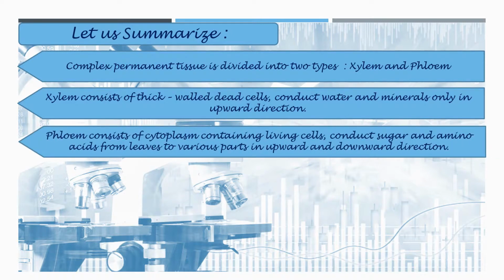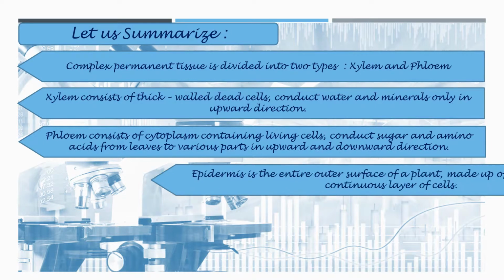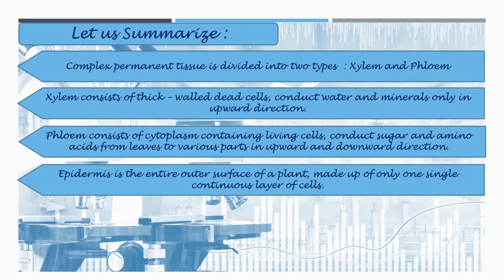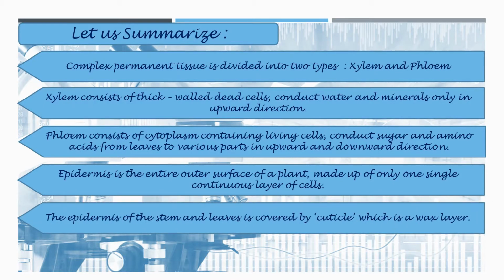And phloem consists of cytoplasm containing living cells and conducts sugar and amino acids from leaves to various parts in upward and downward direction. Epidermis is the entire outer surface of a plant made up of only one single continuous layer of cells. And the epidermis of the stem and leaves is covered by cuticle, which is a wax layer.